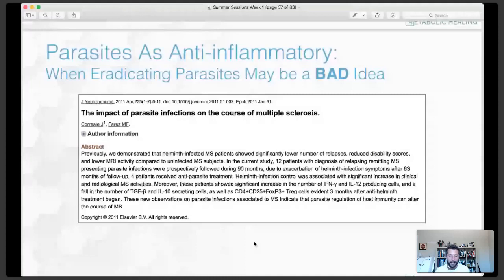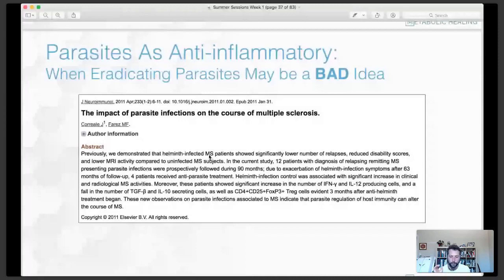Previously, we demonstrated that Helminth-infected multiple sclerosis patients showed significantly lower number of relapses, reduced disability scores, and lower MRI brain activity compared to uninfected subjects. In the current study, 12 patients with the diagnosis of remitting MS presenting parasite infections were prospectively followed up during 90 months.